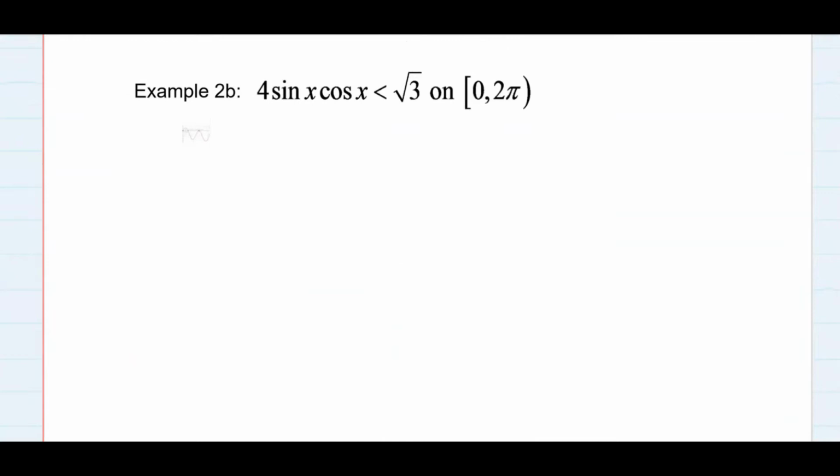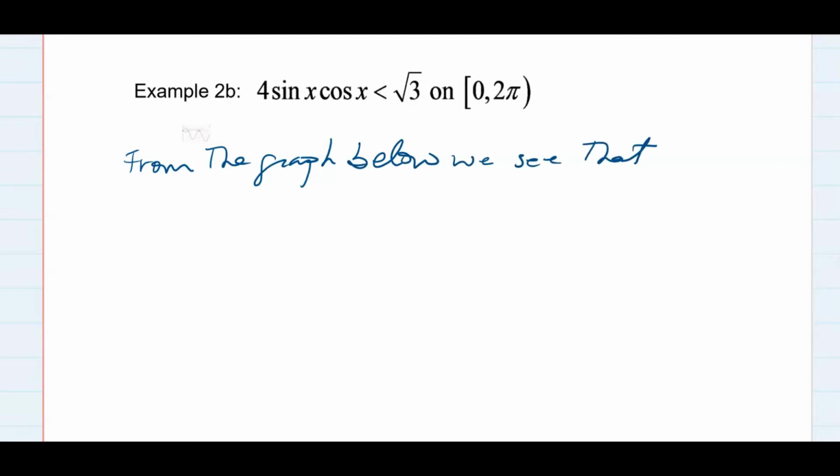I'm just going to add, because I'm teaching, from the graph below, we see that the solution set is x on the interval from 0 to pi over 6.